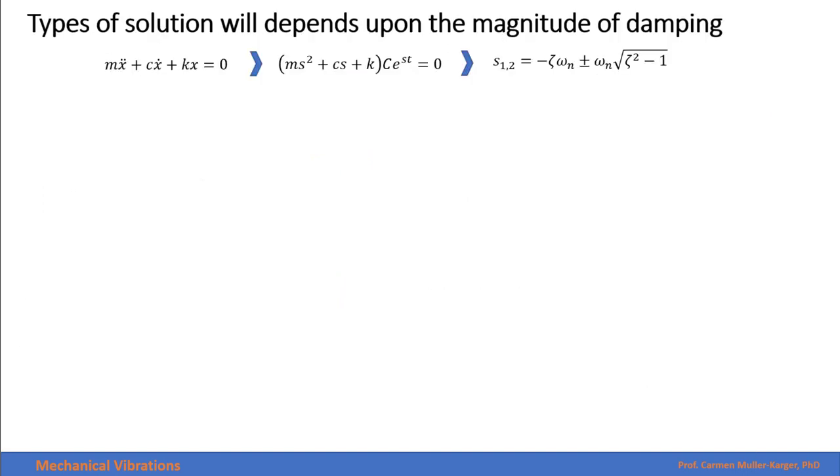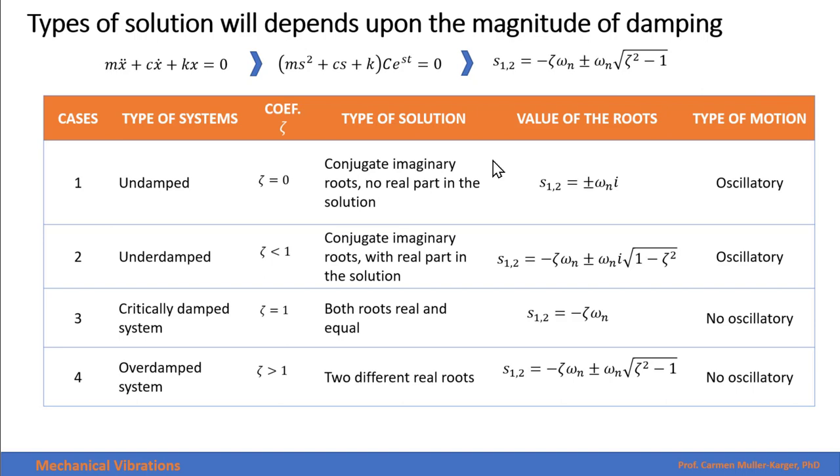Now, let's see the types of solutions depending on the value of zeta. We have 4 different solutions. When we have no damping, so the constant of the damper equals 0, as you see, these first terms become 0 and the inside of the root becomes a complex number, i.